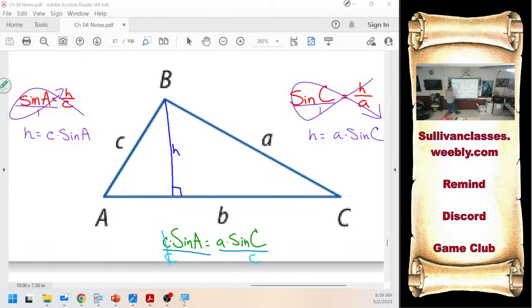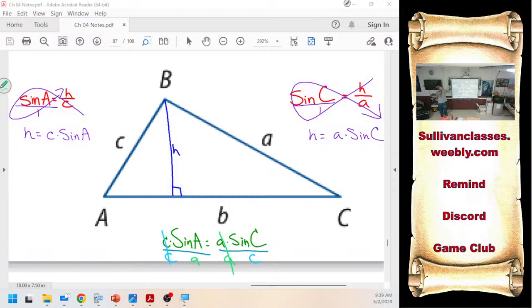If I divide both sides by A, A's cancel out. And you get the sine of angle A over side A equals the sine of angle C over side C.